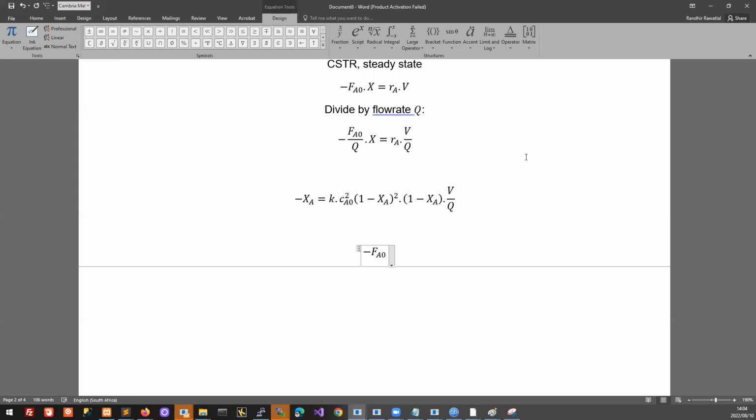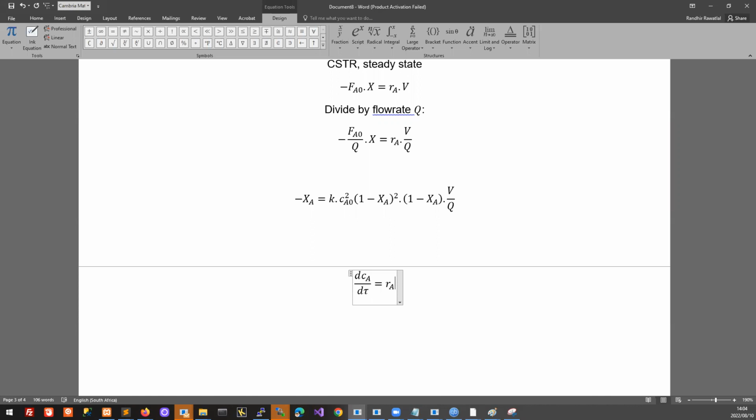And then the way we did it last time, you can write it as dCA d tau equals RA.